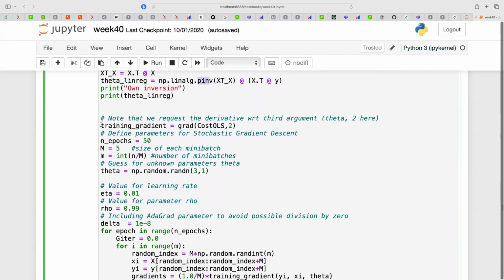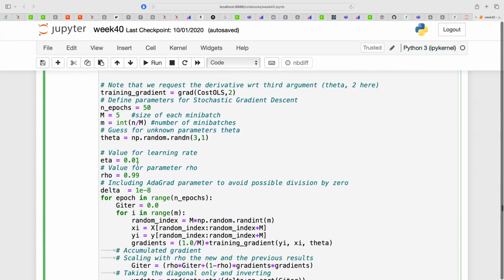And now I calculate again the gradients with automatic differentiation. I need to specify the number of epochs, the number of data points in each batch, and the learning rate. I don't have the lambda parameter because I'm not doing ridge or lasso.